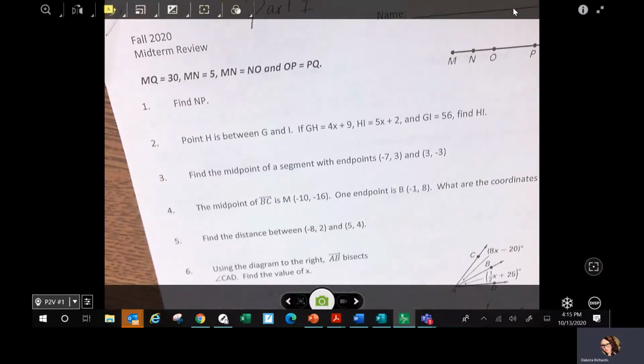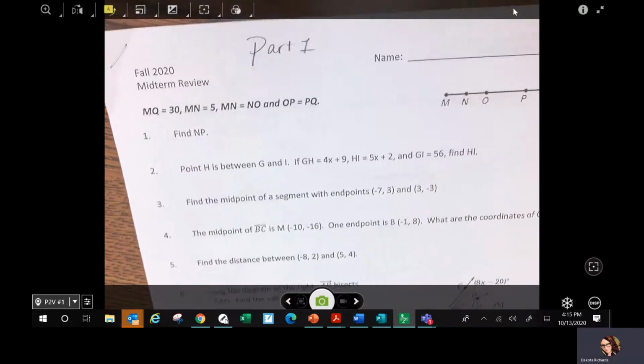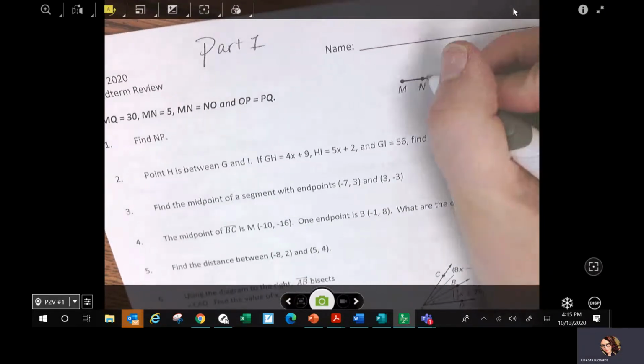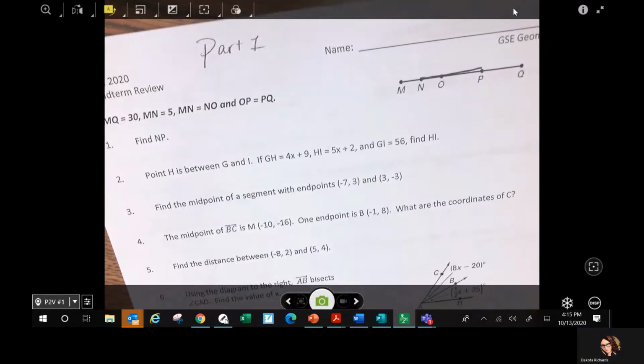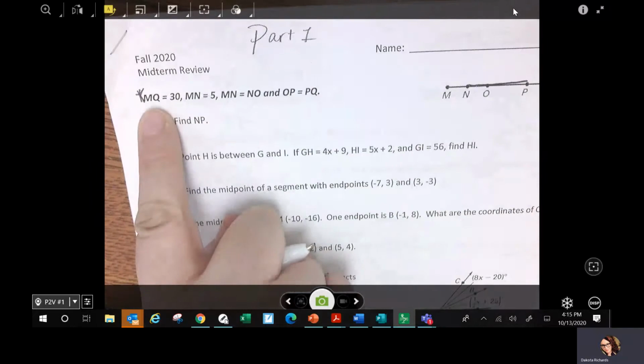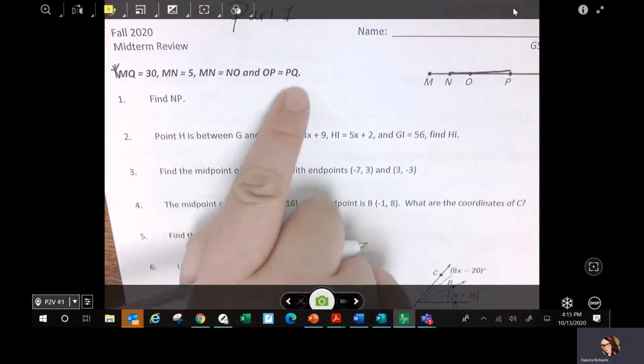Okay. Now I want to go back and briefly touch on the first section. Again, it's been a while since we've done this, so I want to review with you. Number 1, you're finding this segment from N to P. Well, we have to fill in that segment based on these directions.